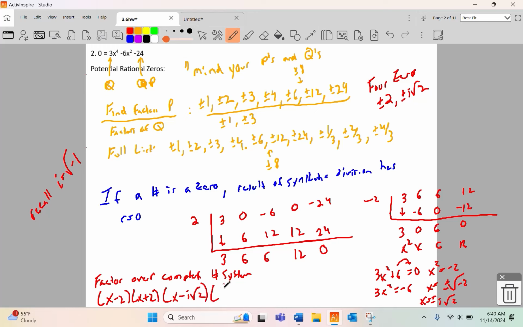And if negative i root 2 is a 0, x plus i root 2 is a factor. Now do remember that the very first thing you see in any polynomial is the letter a, and that was this 3 up here. That's still going to be there. Has to be there. Fun stuff, huh? I love it.